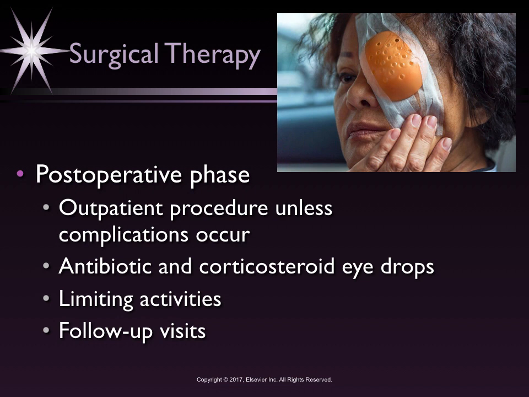It's not unusual if it's reduced immediately after surgery, you would almost expect that to happen. The postoperative eye drops will gradually be reduced in frequency, and then they're finally discontinued when the eye has completely healed.